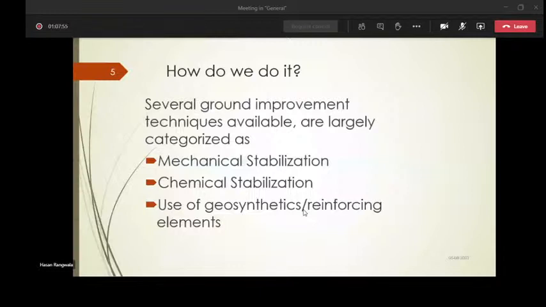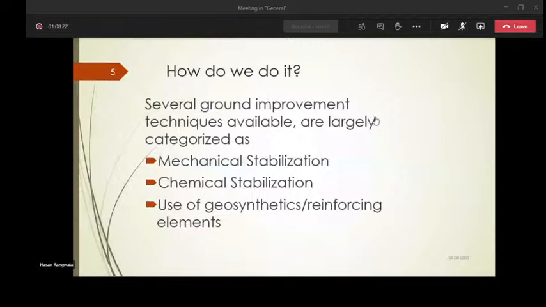What is this tensile capacity? When I take the soil, what I have as my basic capacity is the shear strength. When I see that I have less shear strength, what I have to do is improve it. But how can I improve it?